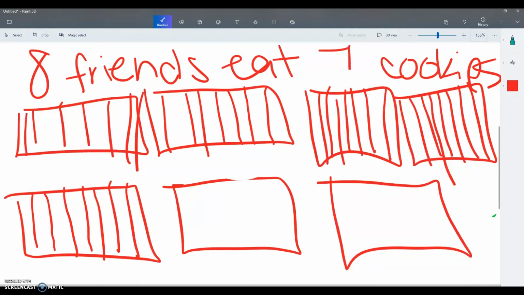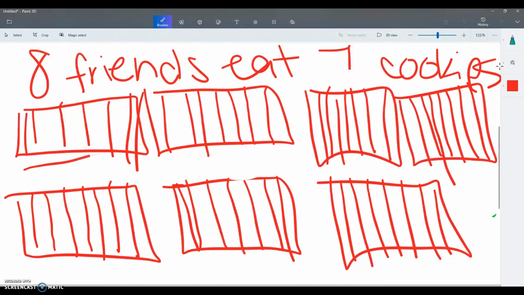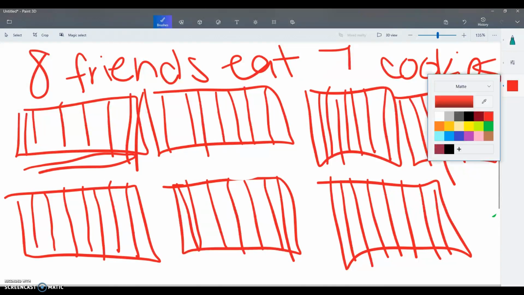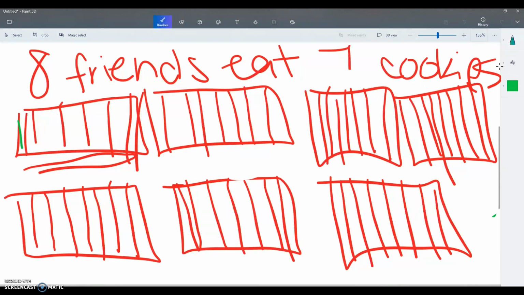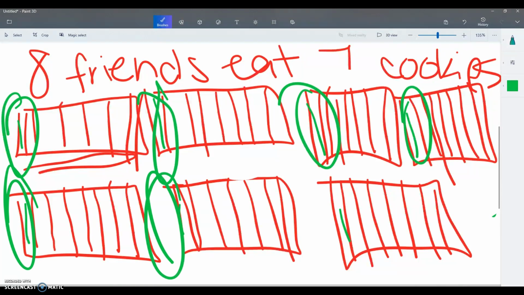Oh, this one fits. This is my favorite one. So there's all the 7. These are the other ones. Those are all your ones.